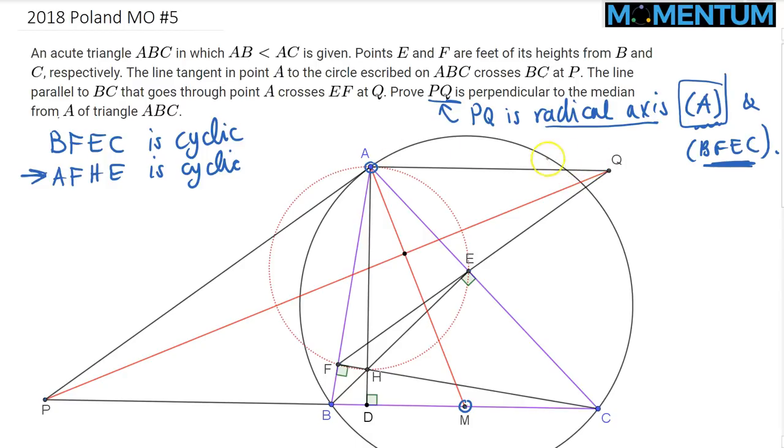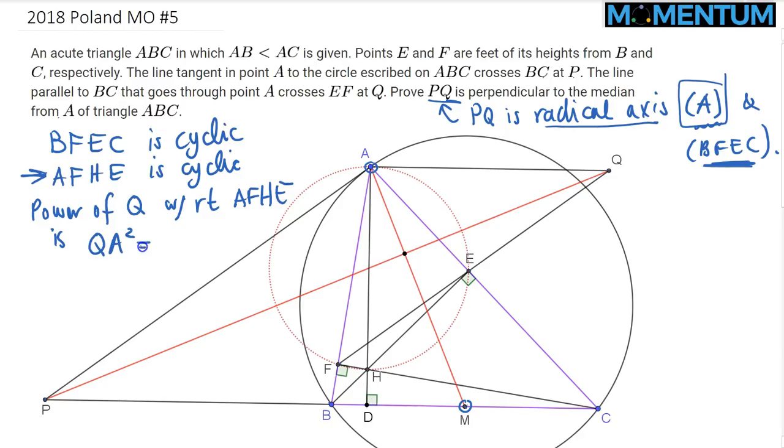So because AQ is parallel to BC and it is tangent to AFHE, I can calculate the power of point Q with respect to that circle. So the power of point Q with respect to circle AFHE is, well, QA squared.